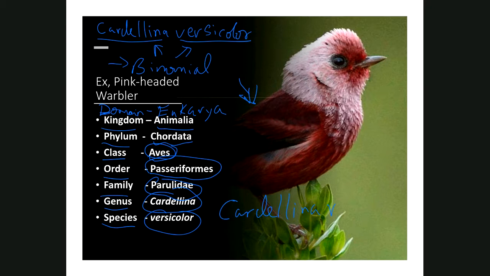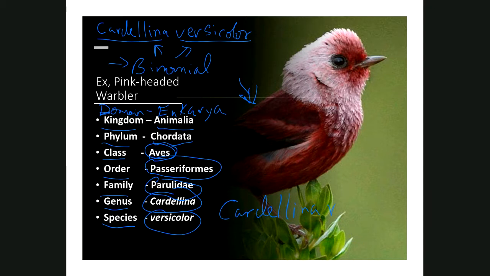But if you said pink-headed warbler, well, there are other types of warblers outside of the Americas that are no relation to this, and maybe they have a pink-headed warbler in some town in Asia, that the people around there call a pink-headed warbler. Who knows, right? And then you're talking about 2 or 3 or 4 possible species, right?